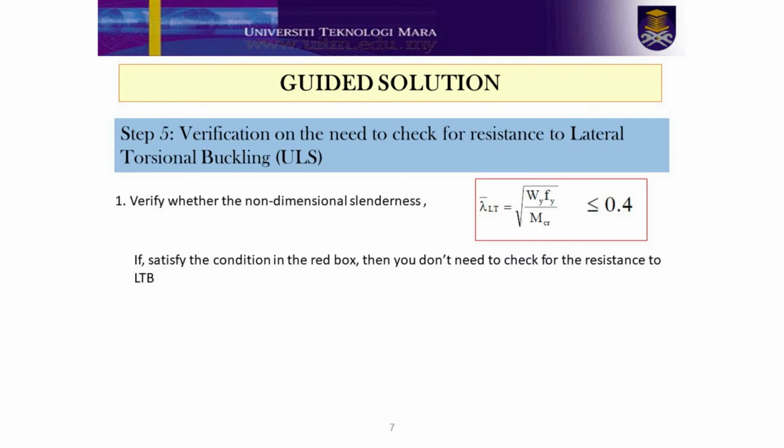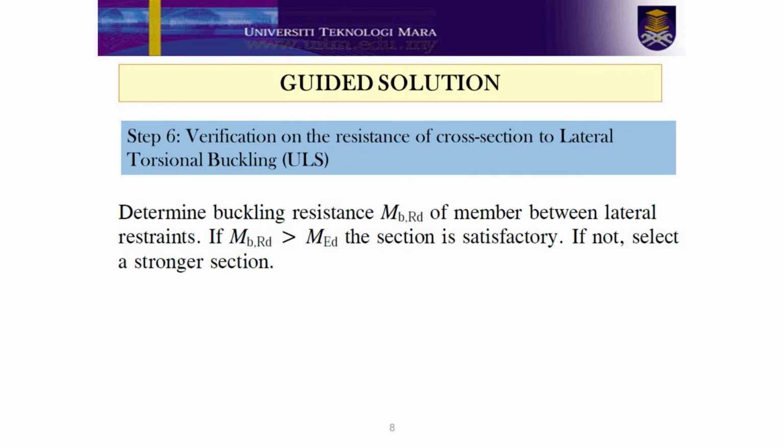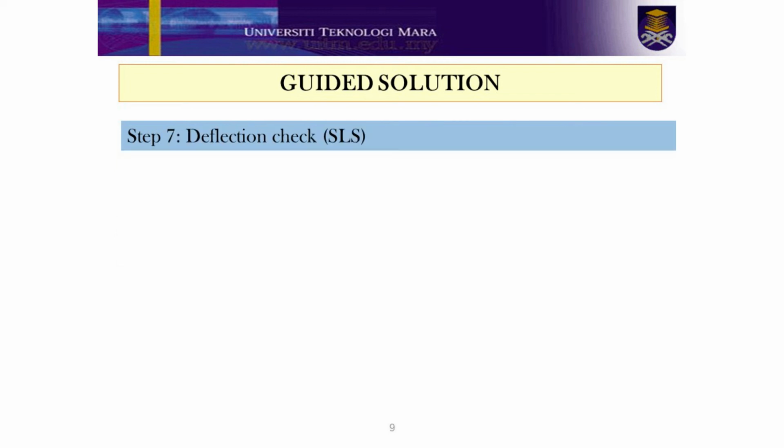Step 5. Verification on the need to check for resistance to lateral torsional buckling, ULS. Step 6. Verification on the resistance of cross-section to lateral torsional buckling, ULS. And the last step is Step 7, deflection check, SLS. We will discuss the solution during the face-to-face session in Google Meet.